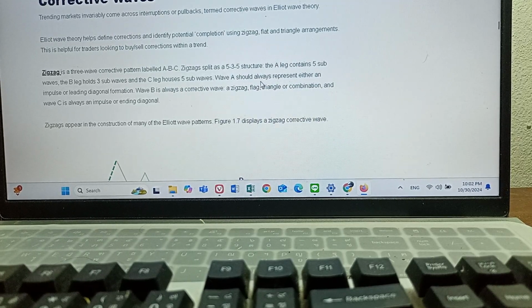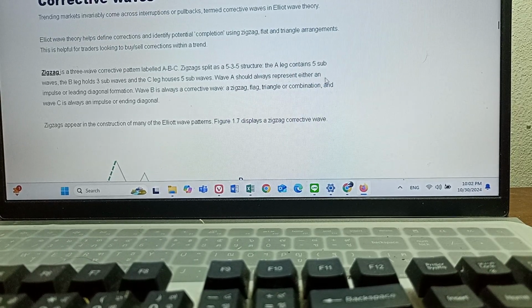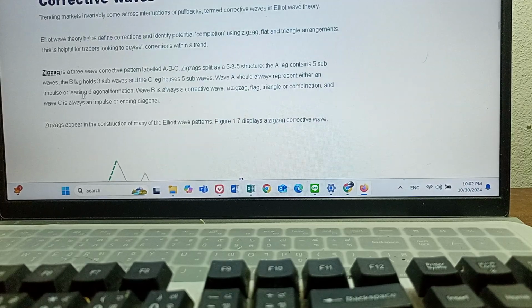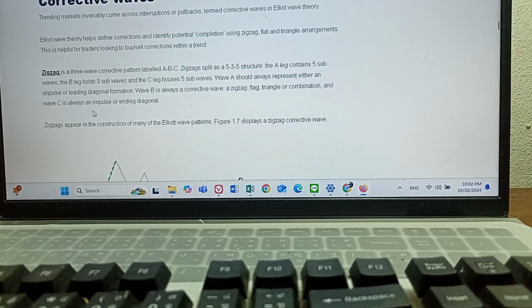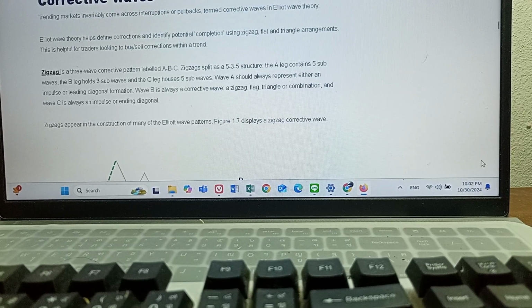Wave A should always represent either an impulse or leading diagonal formation. Wave B is always a corrective wave, a zigzag, flat, triangle, or combination, and wave C is always an impulse or ending diagonal.